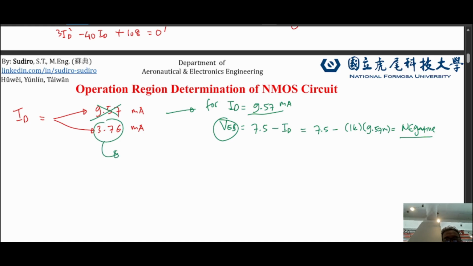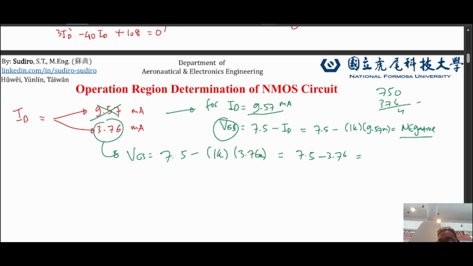The implication of this: we get that VGS is equal to 7.5 minus 1K times 3.76 milli, so 7.5 minus 3.76, which is about 3.75 volt. This satisfies the requirement.